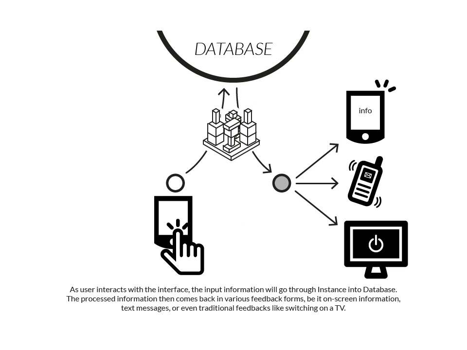As the user interacts with the interface, the input information will go through the instance into the database. The information processed by the logical, semantic operations in the process then comes back in various feedback forms, be it on-screen information, text messages, or even traditional feedback like switching on a TV.